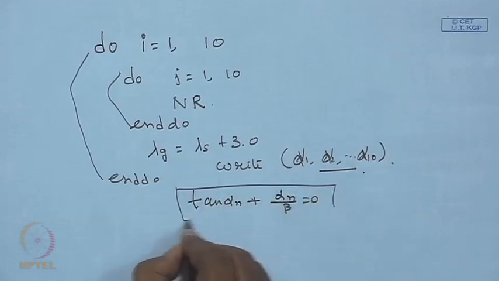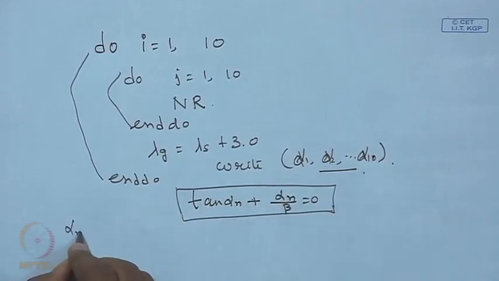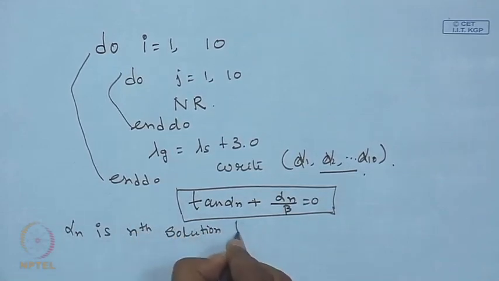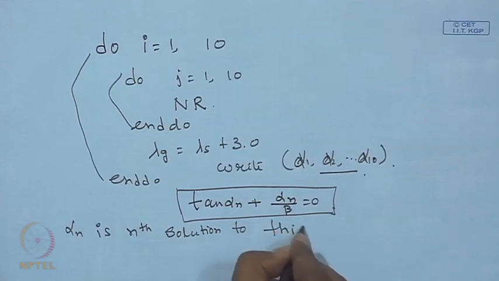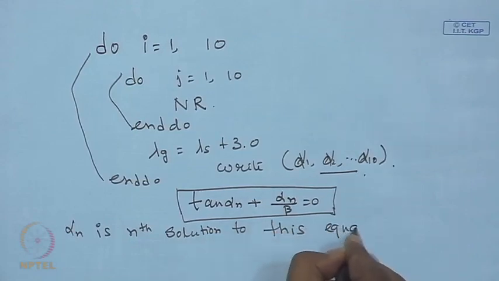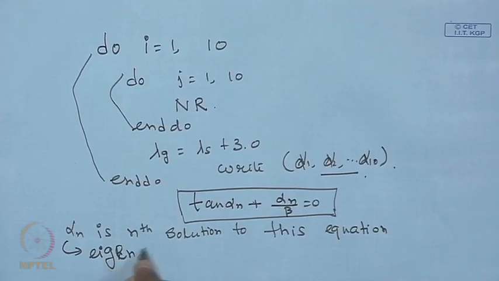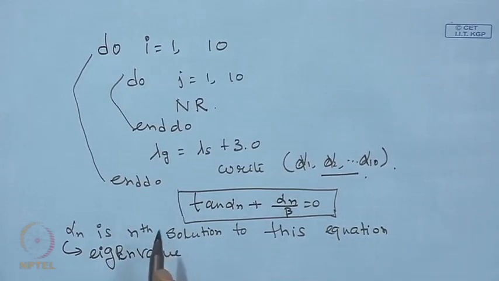We say alpha n is the nth solution, also known as the nth zero, of this equation. So, alpha n is the nth eigenvalue, which is nothing but the nth solution to this equation.